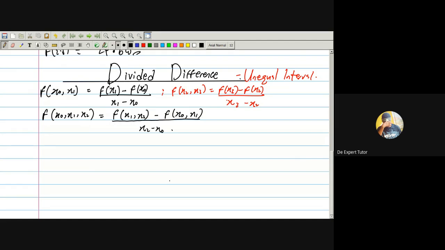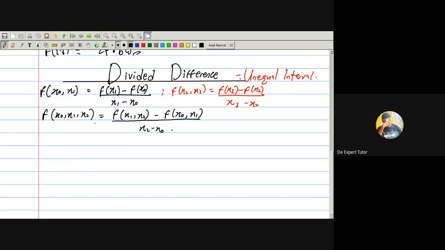Observe the pattern very well. I'm picking this first, then minus this. That's this minus this, then divided by the extreme values.